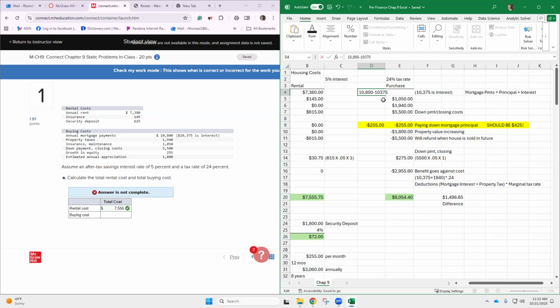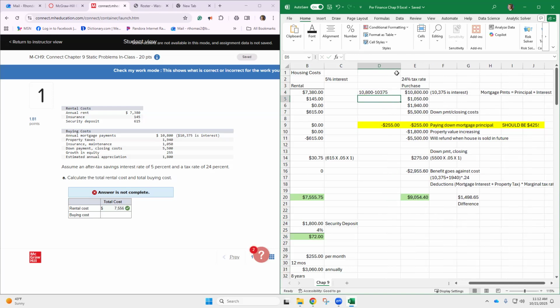Okay, so I'm going to put this up here, see if I can explain this a little bit better. So this is equity. This is your growth in equity. So as you pay down on your mortgage, as you pay down the principal, then you get equity. So I put that beside there to help understand.